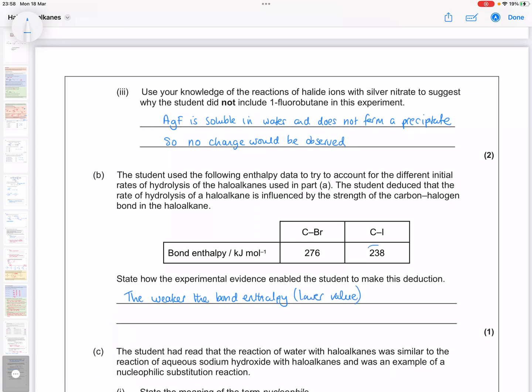So 238 is lower than 276. So the weaker the bond enthalpy, so the lower the value, the higher the rate of reaction would be expected to proceed, and the less time it would take for a precipitate to appear.